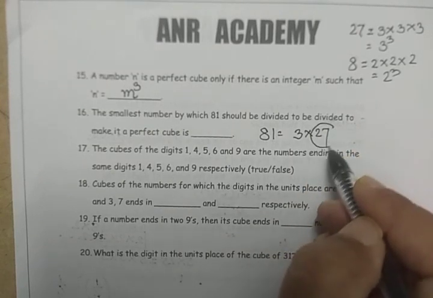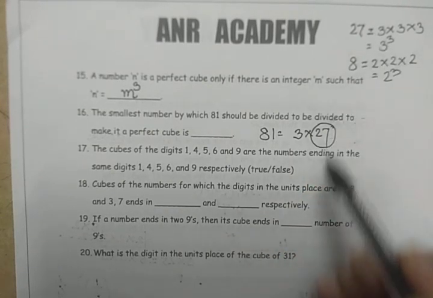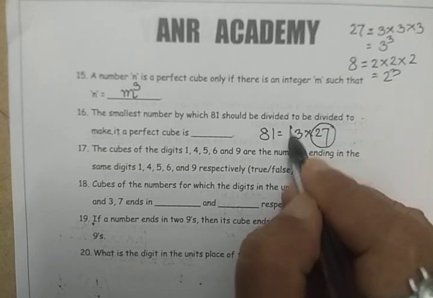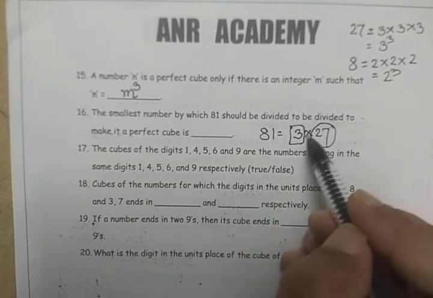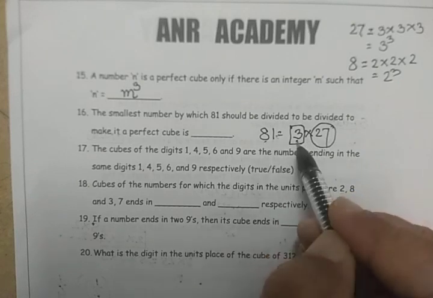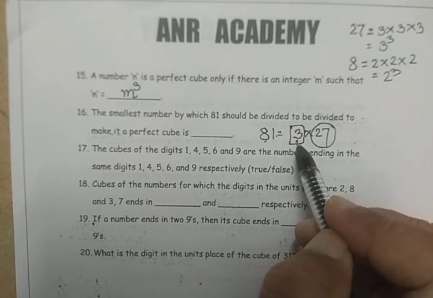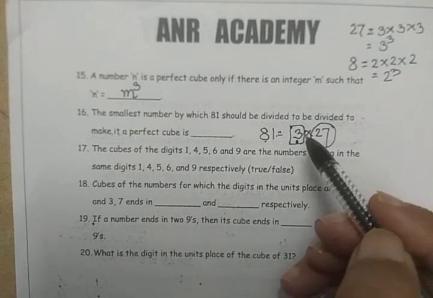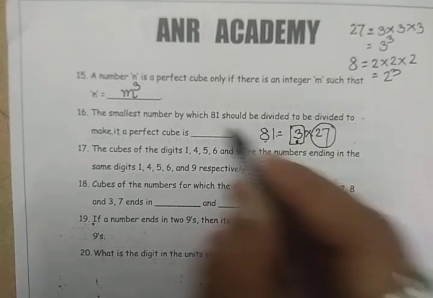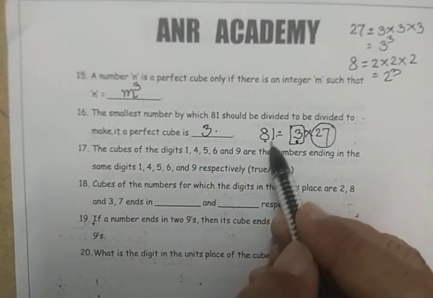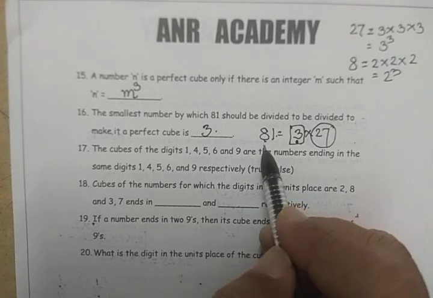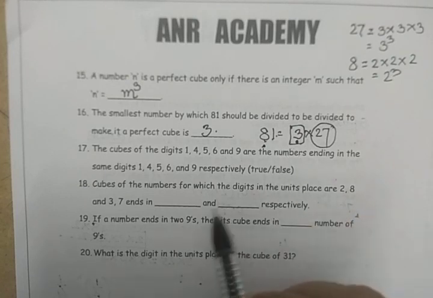Your 27 is a perfect cube, 3 cube. So here 3 is left. So you need to divide 81 by 3 to make the result a perfect cube. Understood? You need to divide 81 by 3 to make the resulting number a perfect cube.